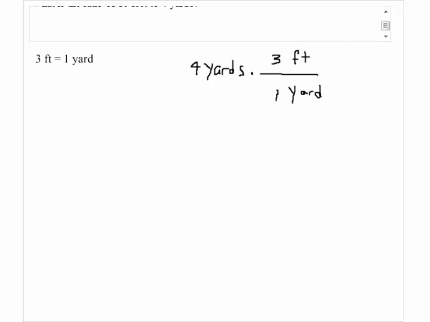So in this case, the yards would cancel, turns to 1. So we have 4 times 3, which is equal to 12 feet. So that means 4 yards is equal to 12 feet.